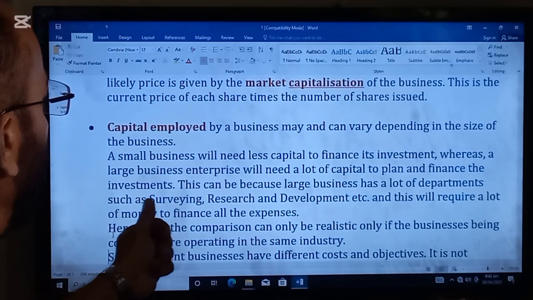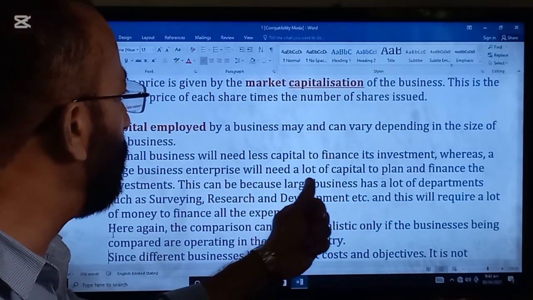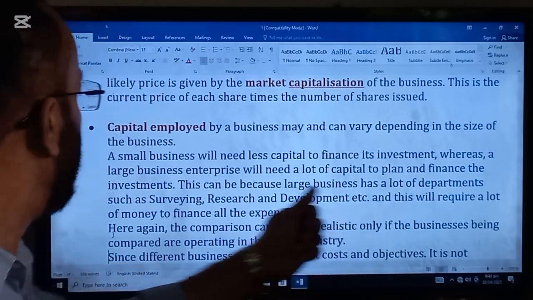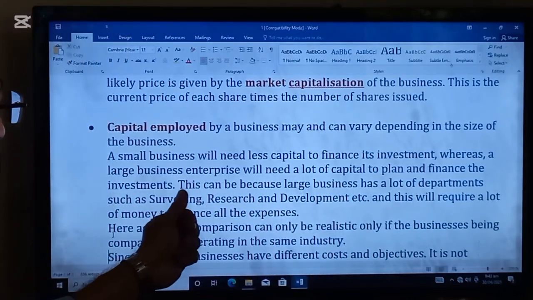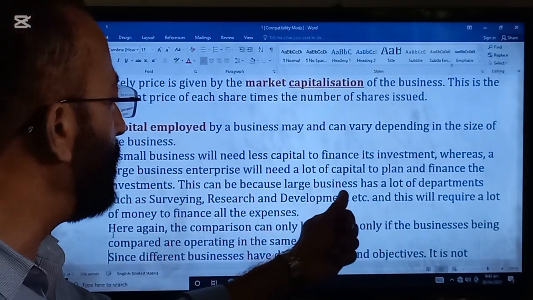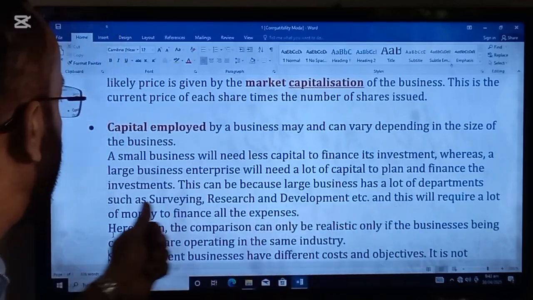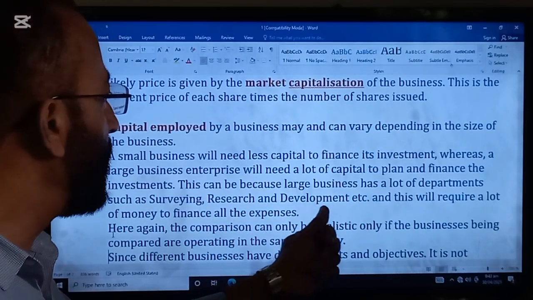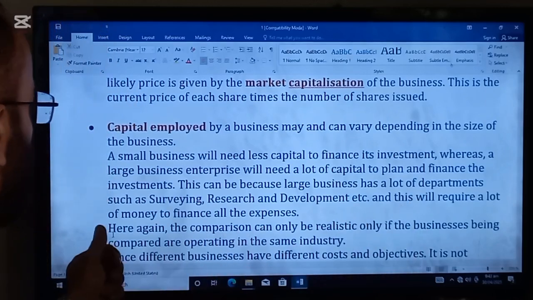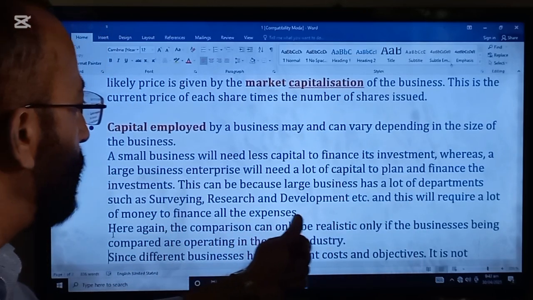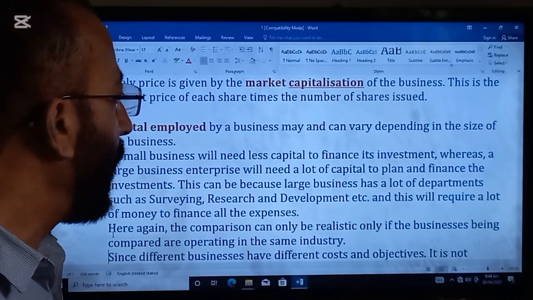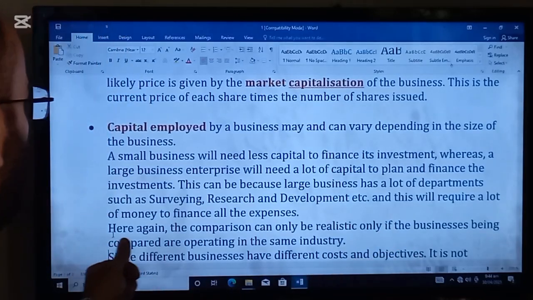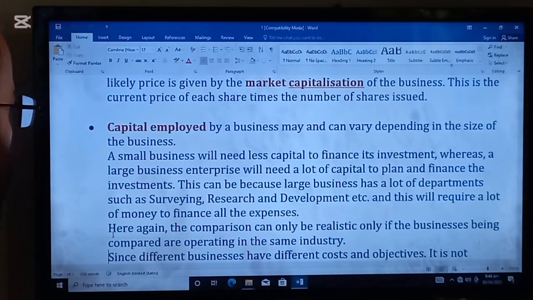A small business will need less capital to finance its investments, whereas a large business enterprise will need a lot of capital to plan and finance investments. This is because large businesses have a lot of departments such as surveying, research and development, etc. And this will require a lot of money to finance all the expenses.